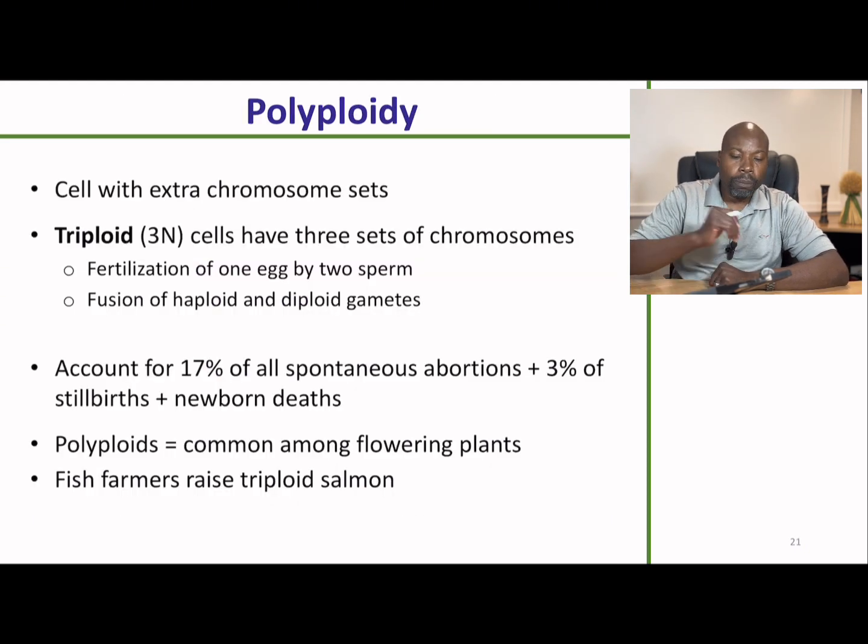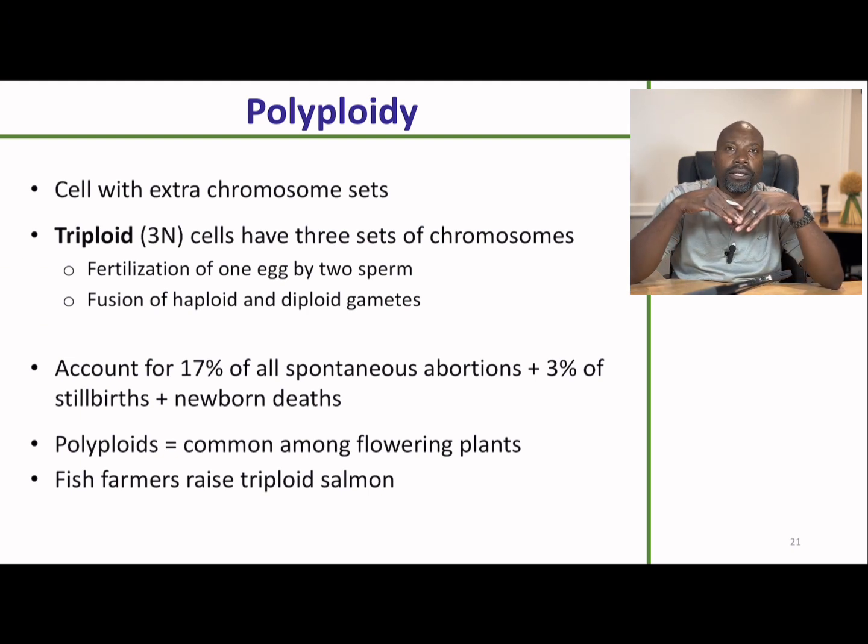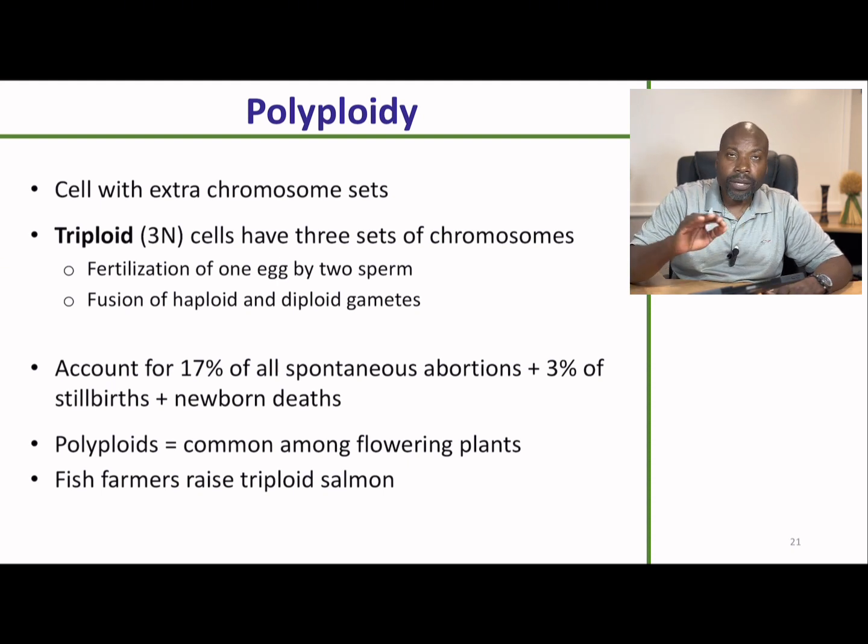All right, so polyploidy, it's not very typical in the human kind, right? Polyploidy is not typical to the human kind. And actually, even more, it's not typical in animals.